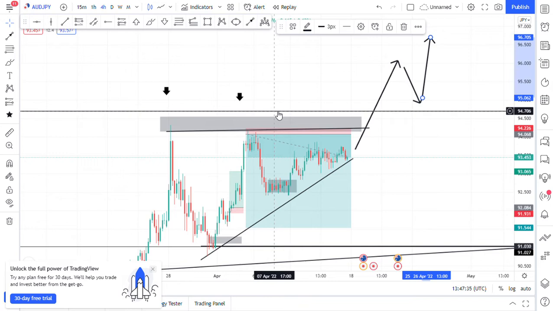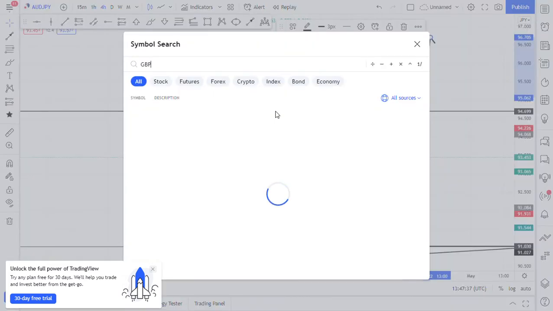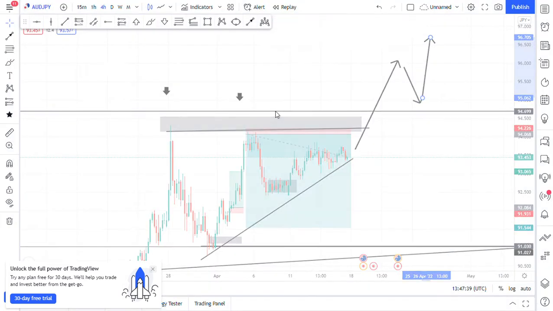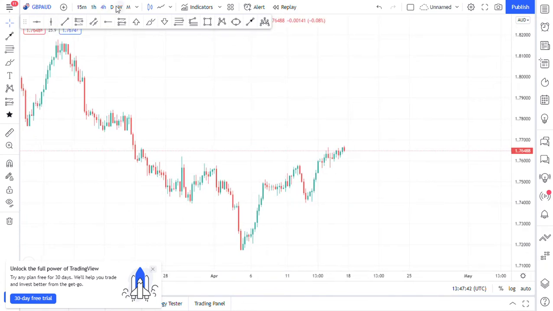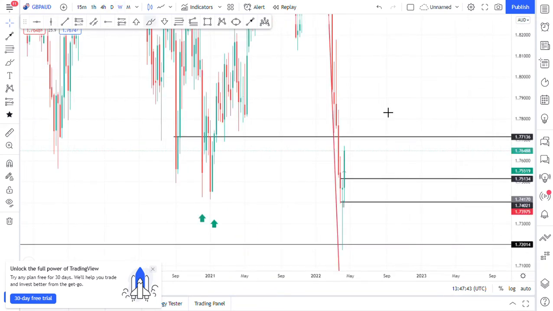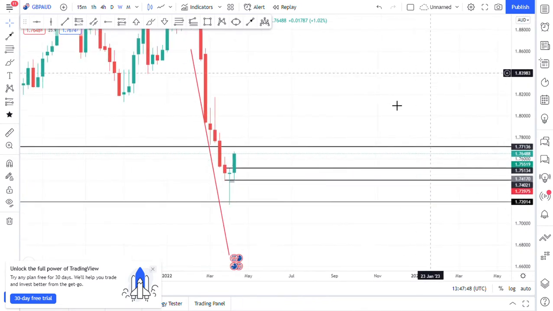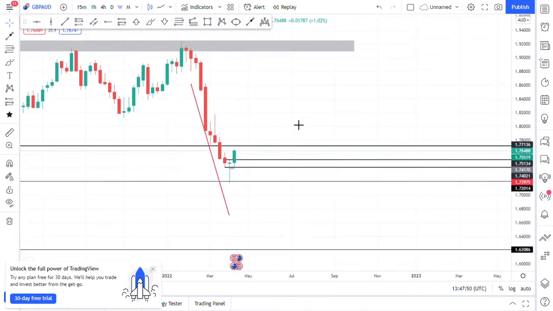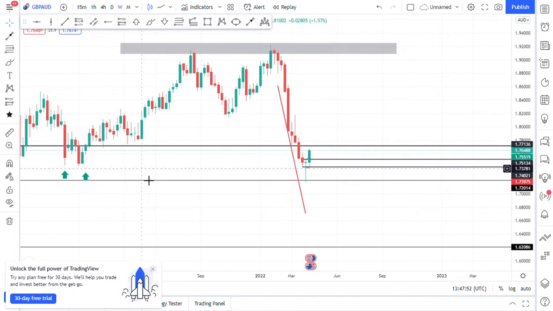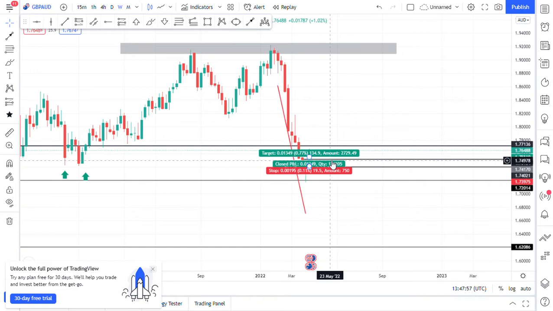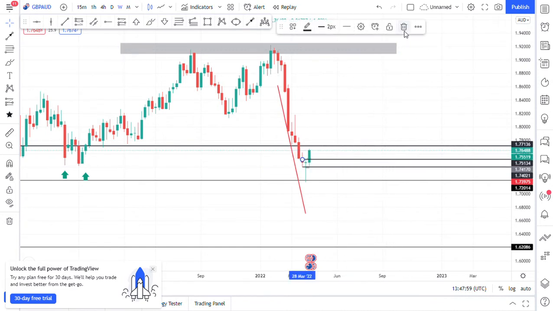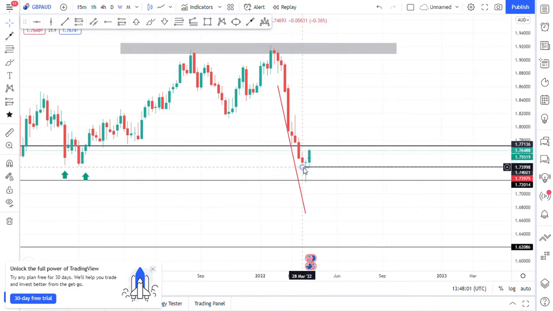GBPAUD is the next pair. On GBPAUD, as I said in the previous week, this candlestick was at this major level here.